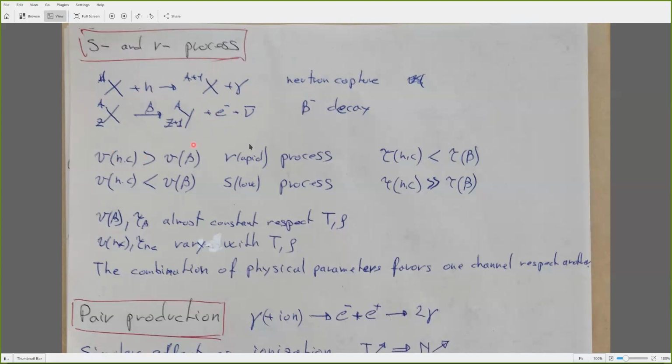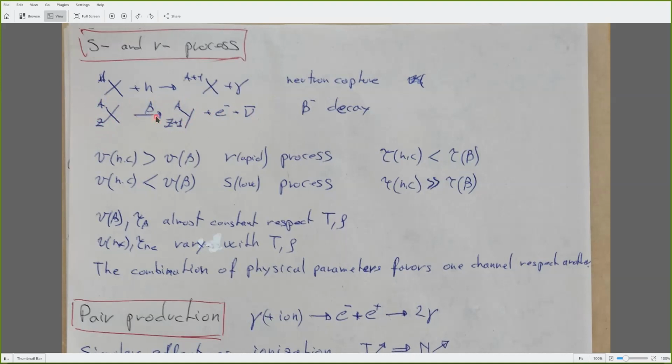Then there is the other process, the beta minus or beta decay, where in an unstable isotope of an element a neutron decays into a proton and an electron, the electron goes away with an antineutrino, and we have an element of higher atomic number.